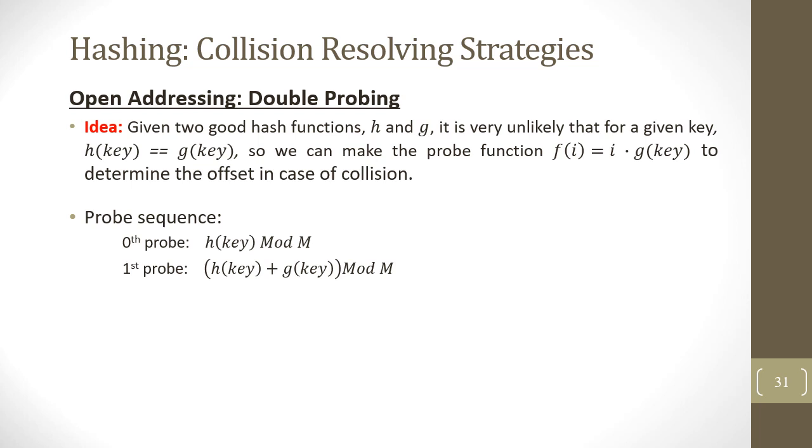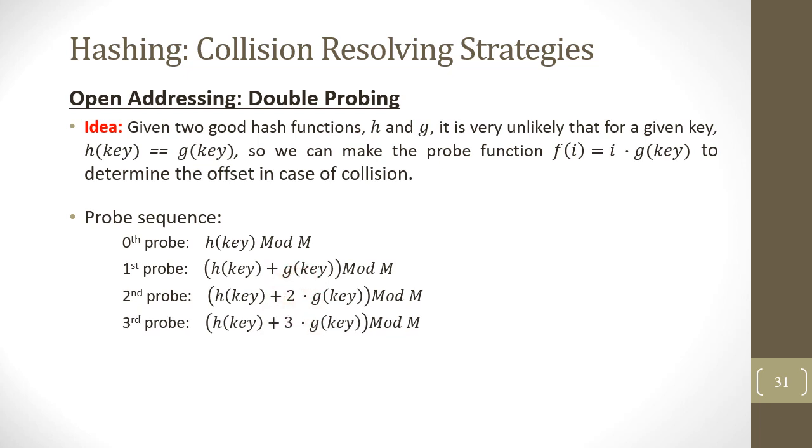If again there is a collision, the next probe will be to the hash of the key using the original function plus 2 times the hash of the key using the offset function, mod m. So here we are incrementing the value of i. In the next probe it will be 3, and so on.